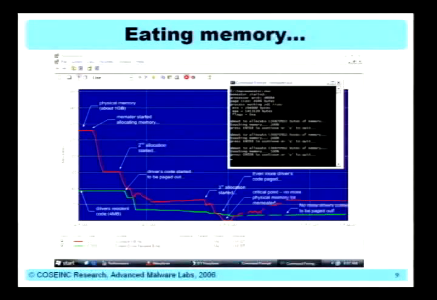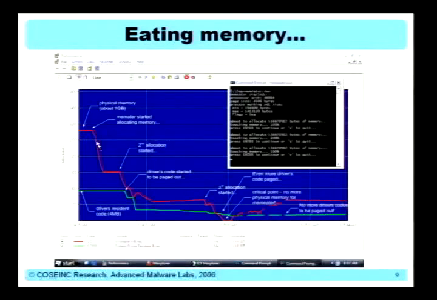I hope you have the copy of slides on your notebook so you can see the slide in a better way than here. But it shows that, okay, this was taken on a test system which had 1 gigabyte of physical memory. I used standard performance monitor to take this picture. So first we have around 1 gigabyte of physical memory available.